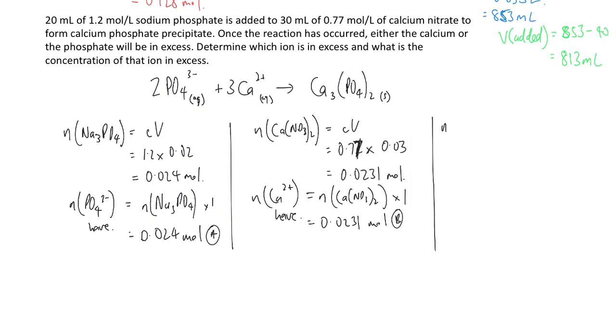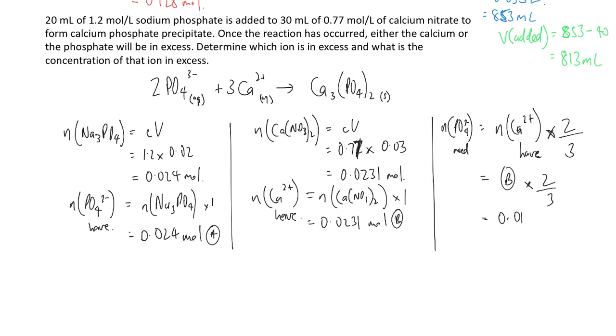So let's select the phosphate needed, which will be equal to the number of moles of calcium ions that I have times 2 on 3, so that's the coefficient of your unknown over the known, right? So this will be B times 2 on 3, which is equal to 0.0154 moles. That's how much I need, right?